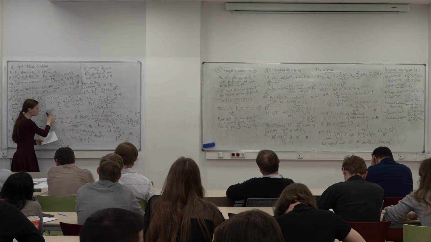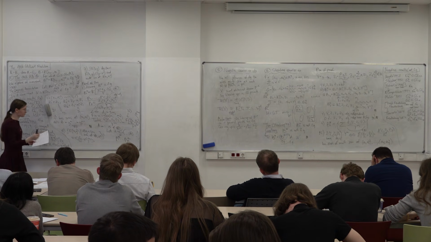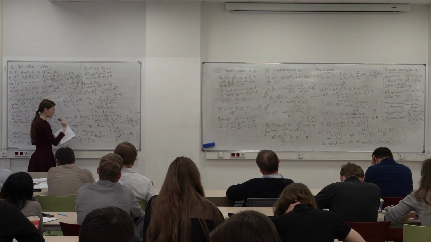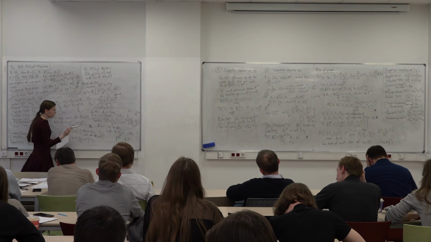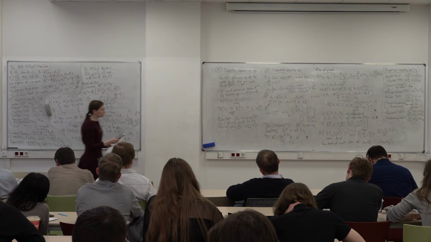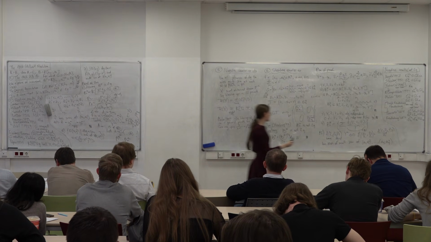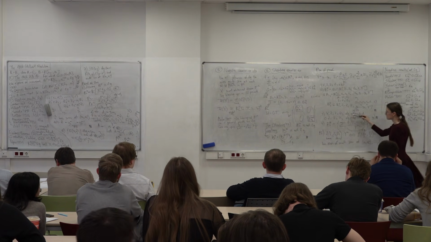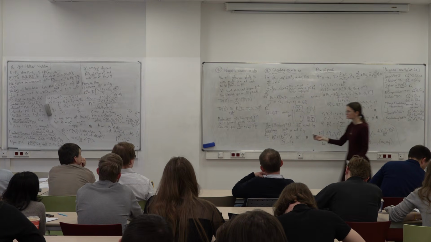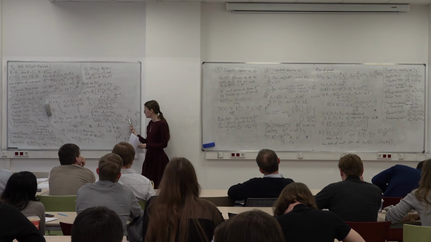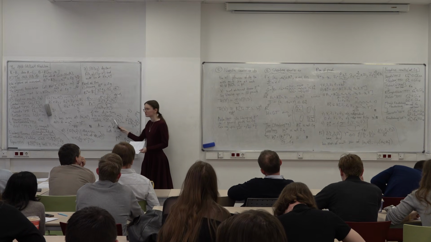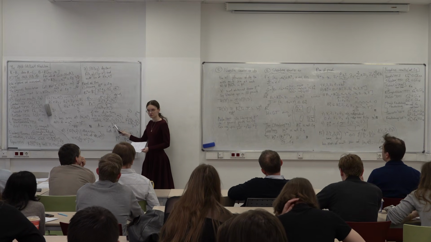And now we are going to compare degrees of variables on the left-hand side and on the right-hand side. We have already proved that these variables are algebraically independent. So you can consider this equality as the equality of Laurent polynomials in these variables.